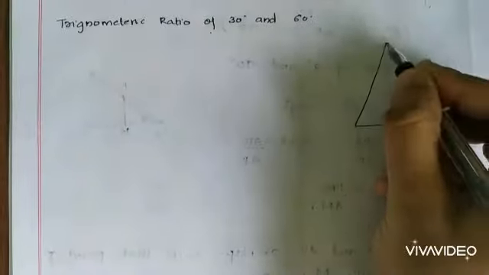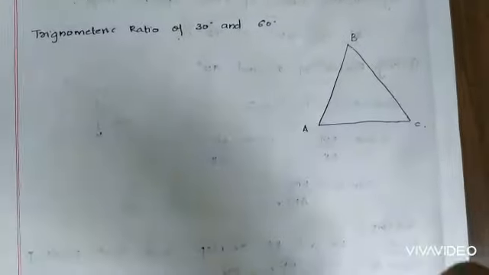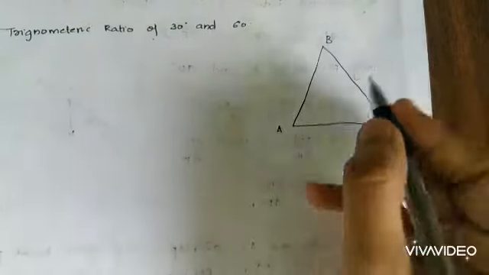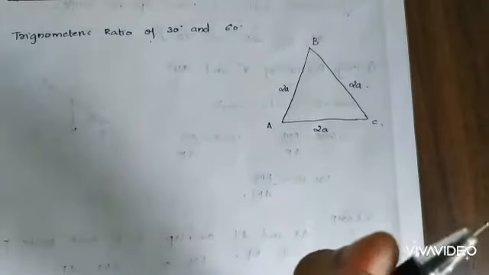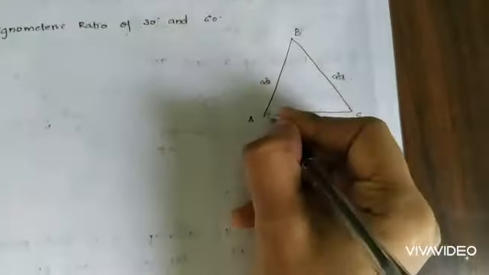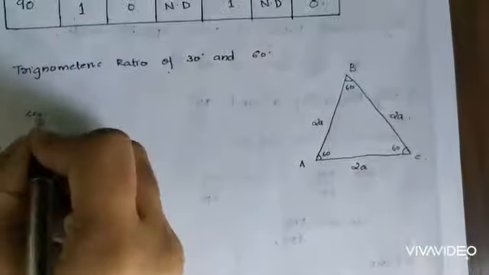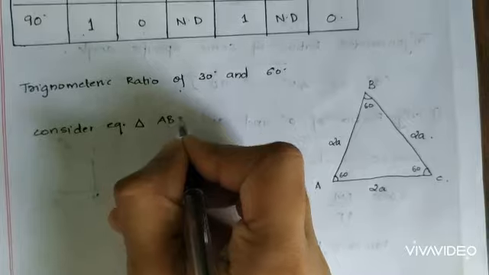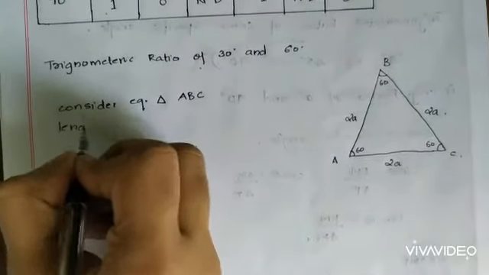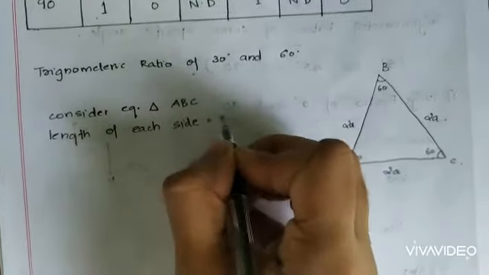Consider an equilateral triangle ABC, and let each side be of length 2A.